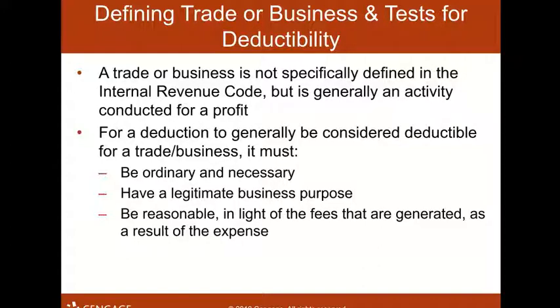It is not personal, so it is business related. And be reasonable in light of the revenue generated as a result of the expense. This test of reasonableness is linked to the revenue generated by spending these expenses.